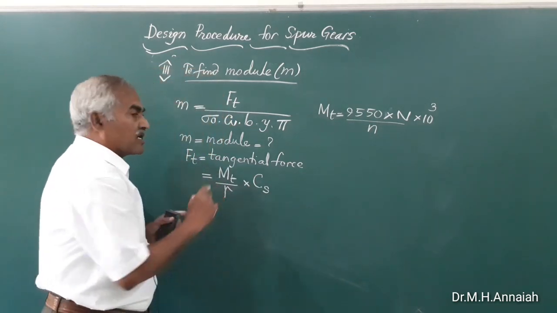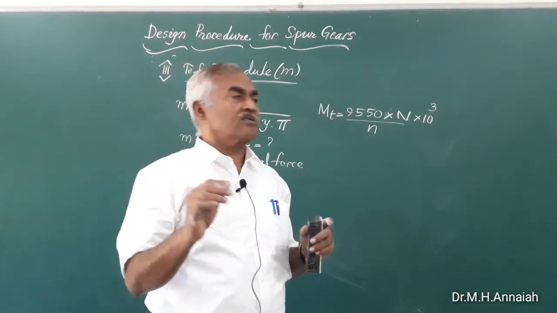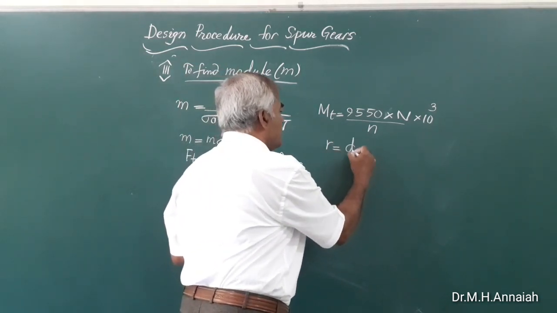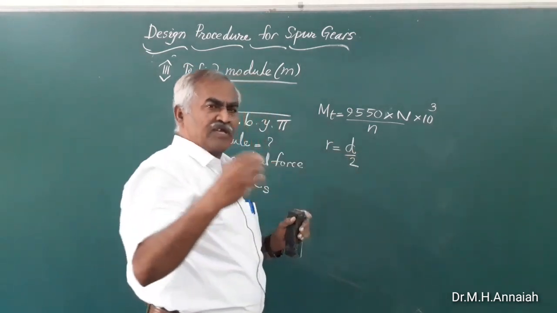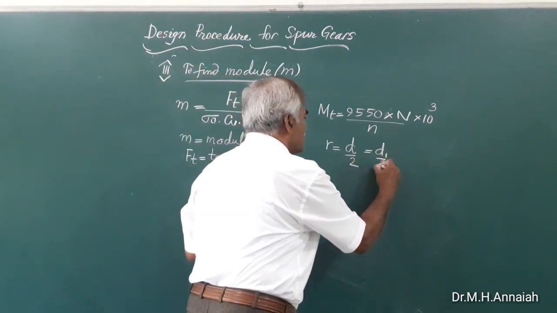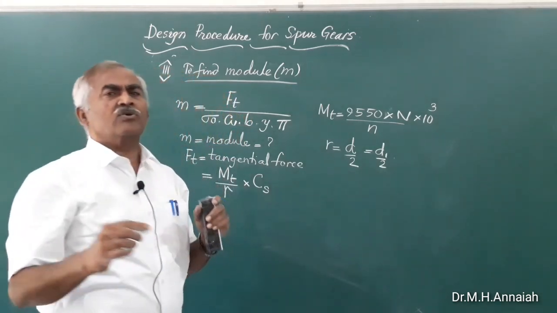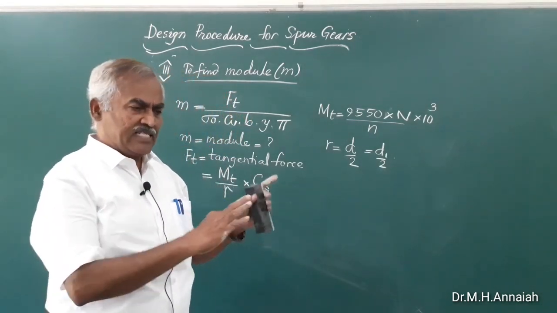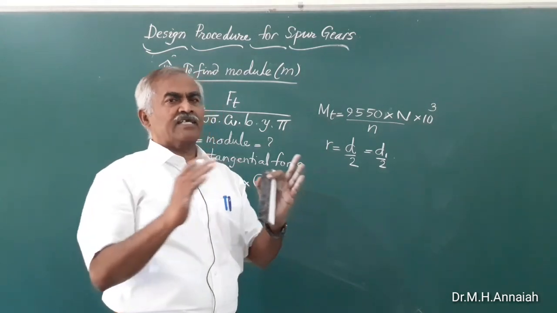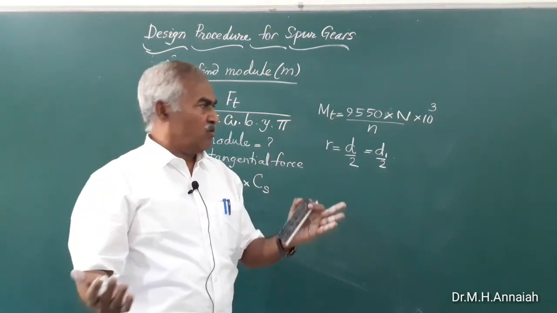And this is the radius of the weaker member. R is equal to diameter by 2, and if pinion is weaker, this is d1 by 2. So, radius is equal to diameter by 2. In this problem, as I told you before, the diameter of the gear and pinion are known.